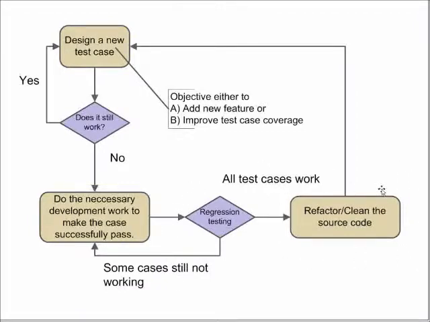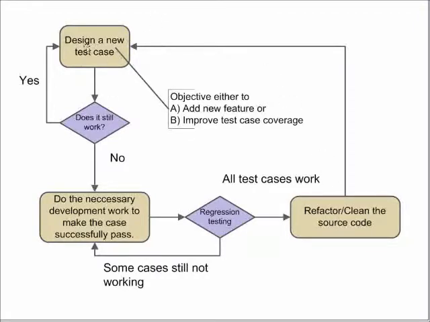When we have made every test case work, or every test case passes properly, then we just refactor and clean the source code or the modules we have been doing the development in, and then go back to the first case here and develop a new test case for a new feature or to improve the test case coverage for the existing system otherwise.